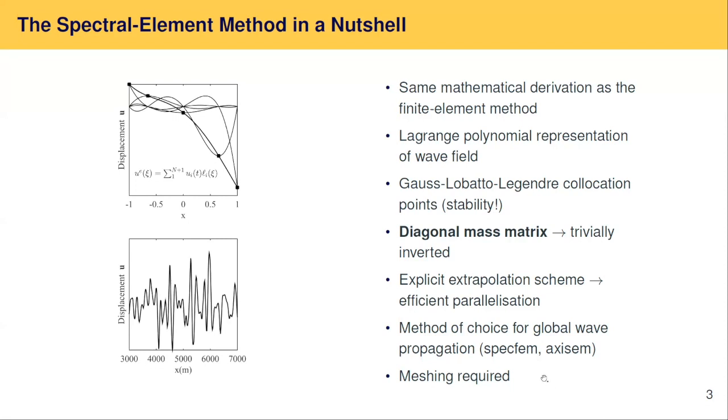You could say it's the method of choice at the moment. We have only one or not many: Axisem 3D and Specfem are more or less the only, and Salvus now, the only community codes for global wave propagation. However, meshing is required.